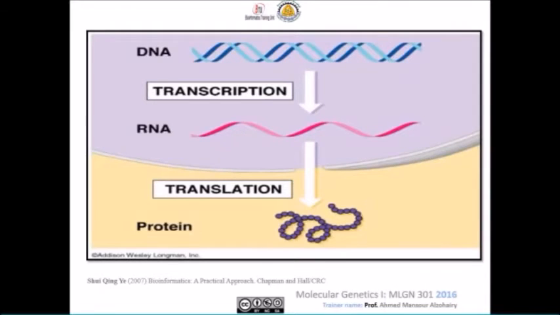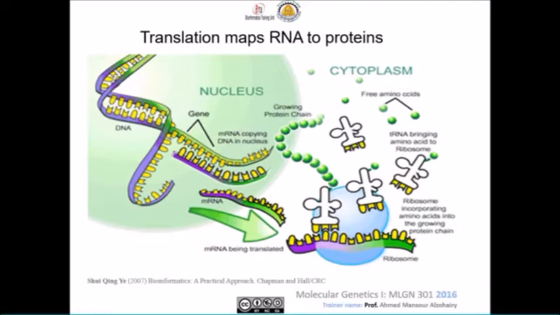So the transformation from DNA to RNA is called transcription, and this happens inside the nucleus, and the transformation of RNA into a protein is called translation, and this happens outside the nucleus membrane, inside the cytoplasm, and of course with the help of the ribosome. As we can see, the ribosome will read the messenger RNA, and the messenger RNA will be translated into a protein via the ribosome.